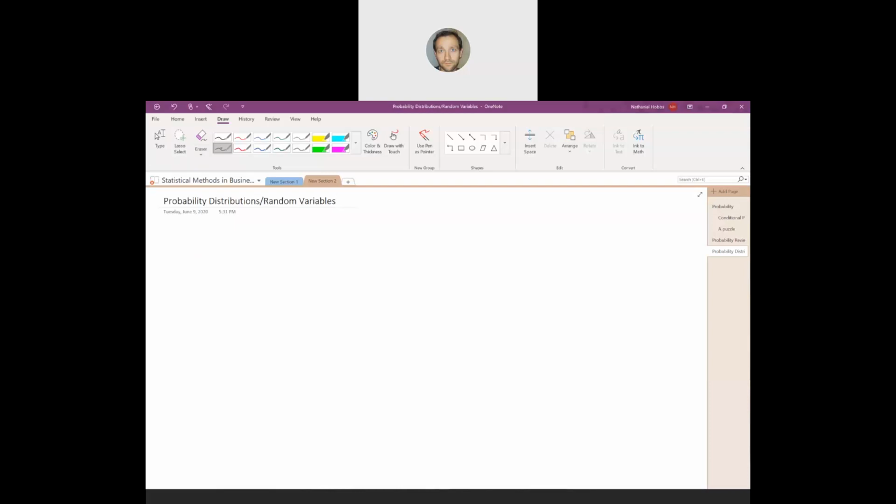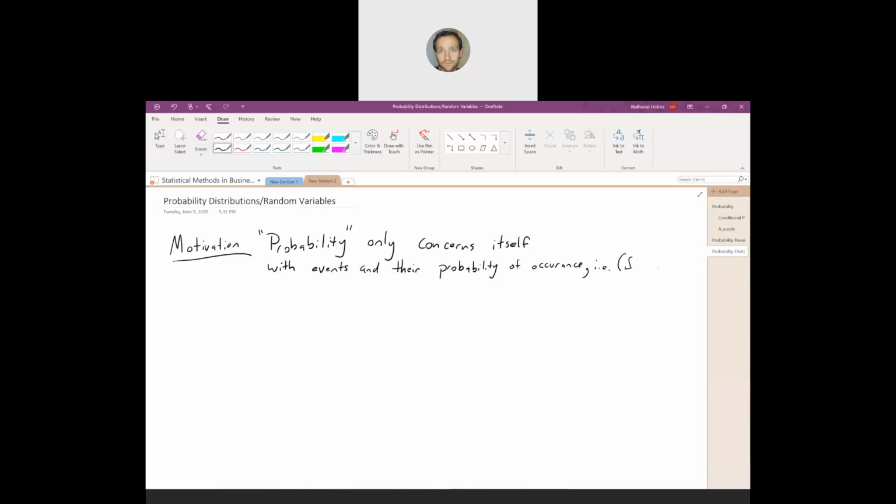Just as a motivation for this, probability only concerns itself with events and their probability of occurrence, i.e., a space and a function.